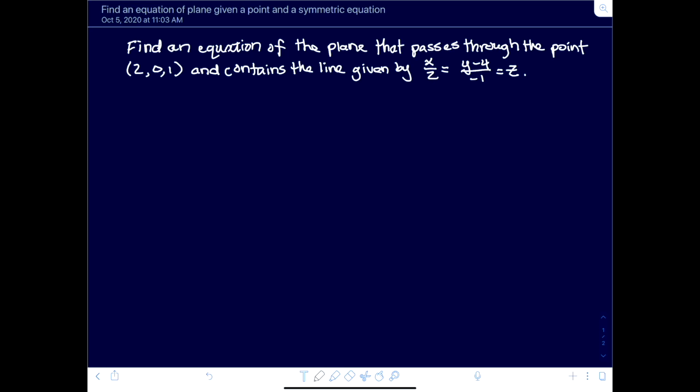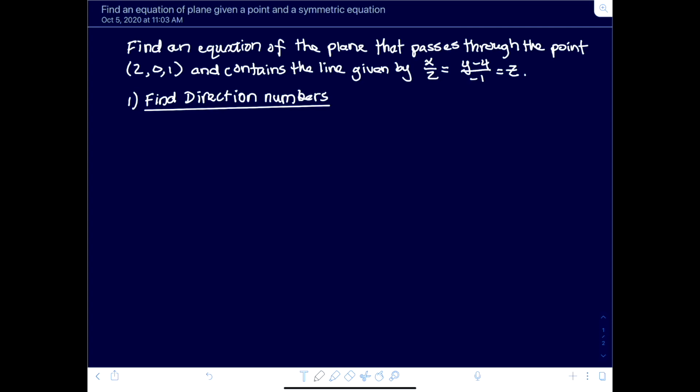So the first thing that we want to do is find the direction numbers. To do that, you basically need to set each equation equal to t and then isolate x, y, and z after that.